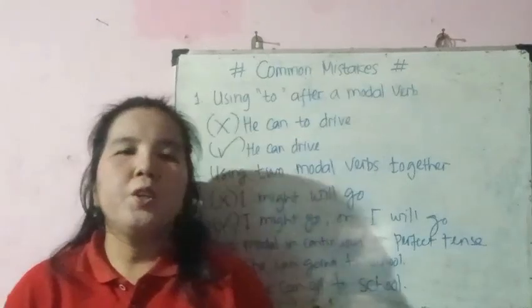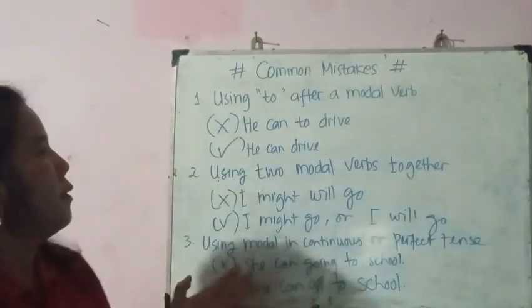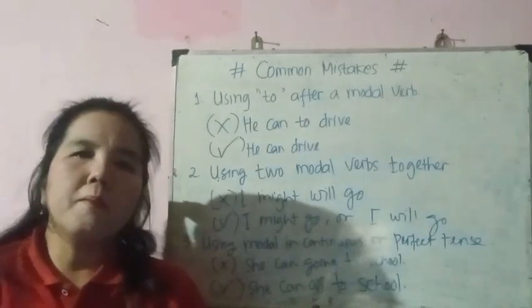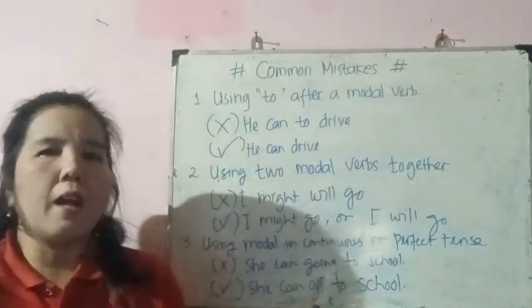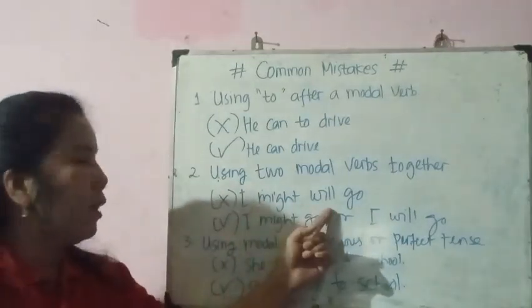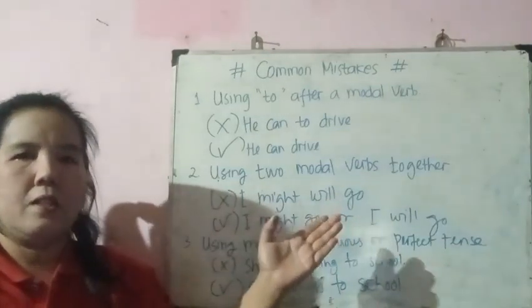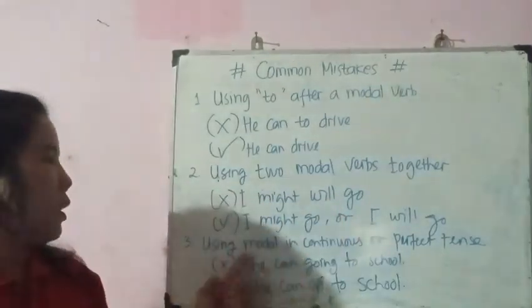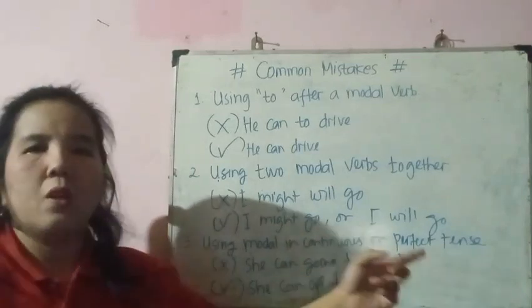Mistake 2. Using two modal verbs together. Okay. Another mistake is using two modals in the same sentence like this. "I might will go." This is a wrong sentence. The correct sentence is "I might go" or "I will go."